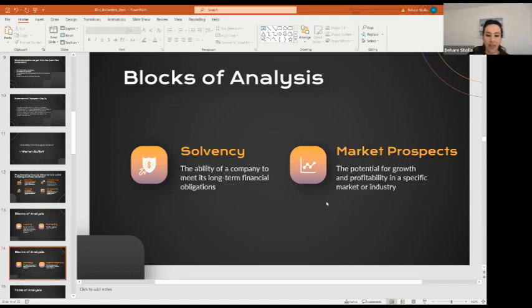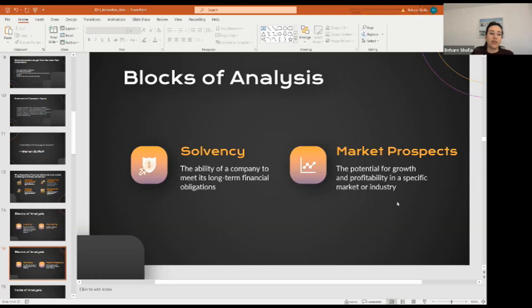Solvency is similar to liquidity, but this is related to the long-term financial obligations, or the obligations that are longer than 1 year. And the market prospects can be analyzed with financial goals that the company settles, for example, the potential for growth and profitability.